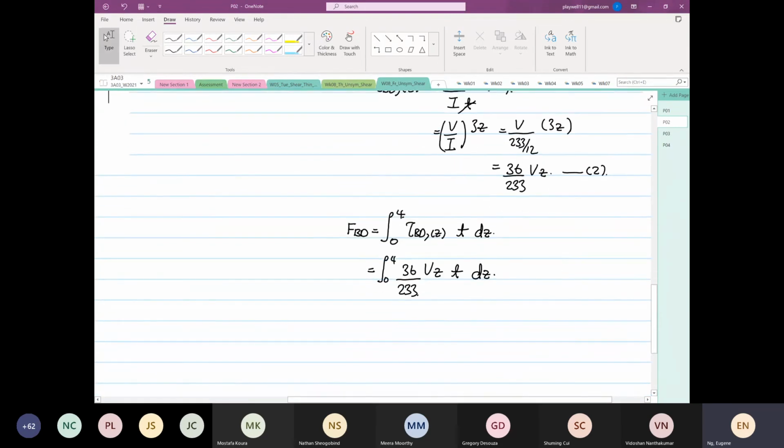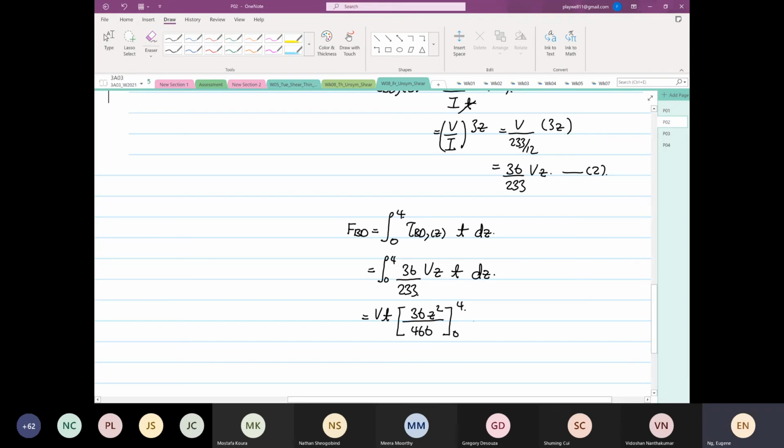I'm going to take out V and T because they are constant. When we integrate that, we get 36 Z squared divided by 466. You guys are better at integration than me, am I right?